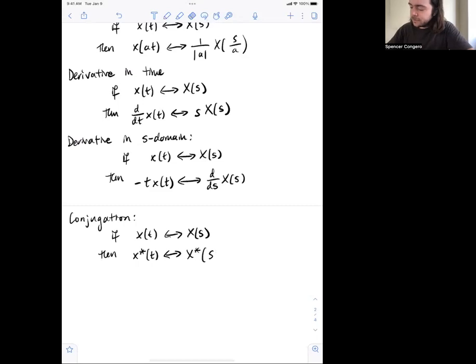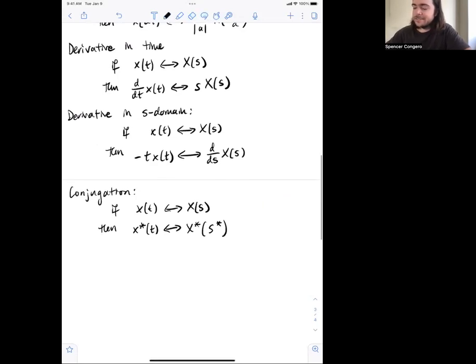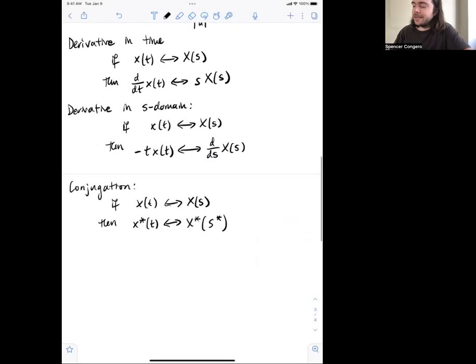And if you remember, in Fourier we got X conjugate of just negative omega, because in that case, if you take just j omega and conjugate it, you just get negative j omega. So when the argument to the Laplace transform is purely imaginary, it does just get negated. That was the situation with Fourier. But here for Laplace, we have a more general argument s that could have a real part, so we have to write s conjugate.